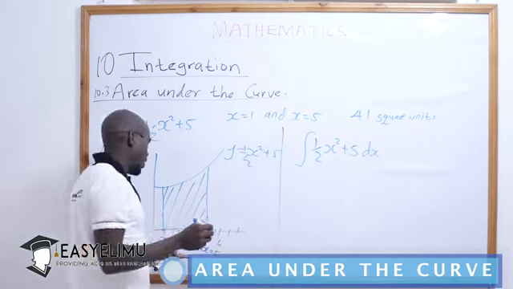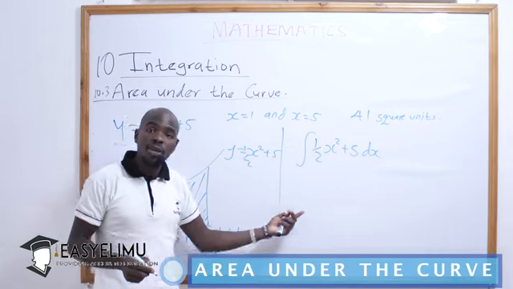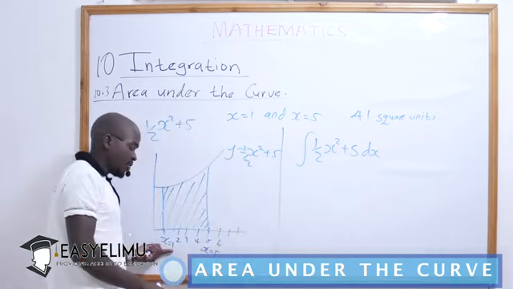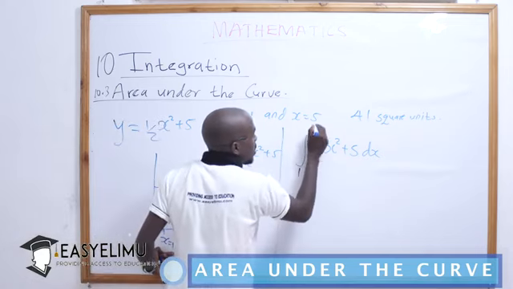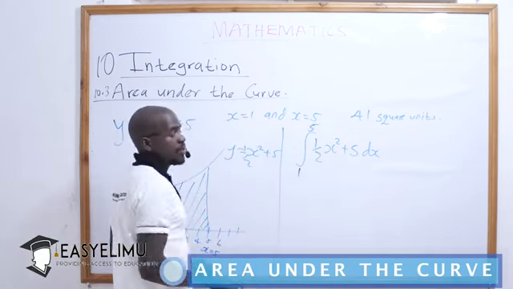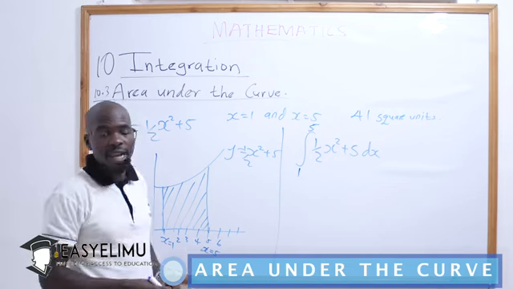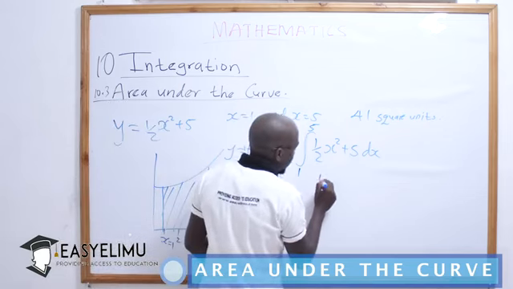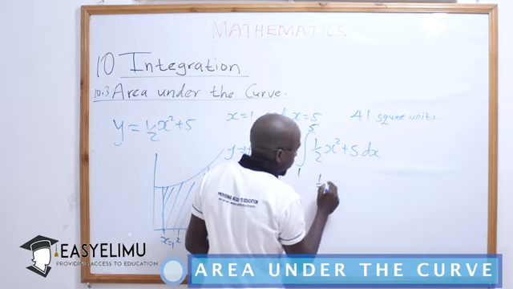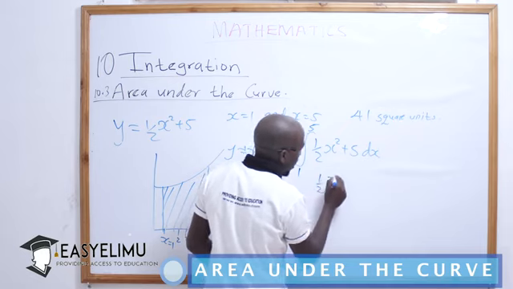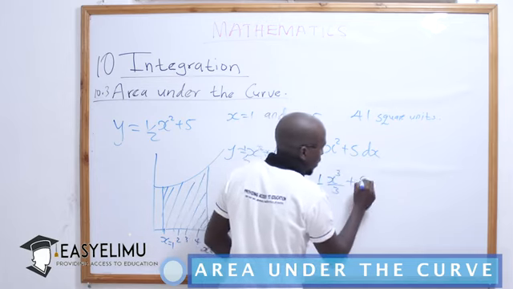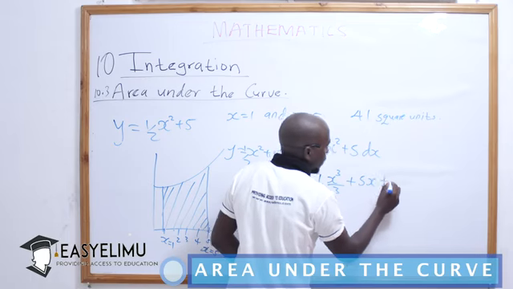I'm finding it with respect to x, but I have limits of integration, where my a is 1 and my b is 5. Having that, we can easily find the area. I will take a half multiplied by x cubed over 3, then plus 5x plus c.